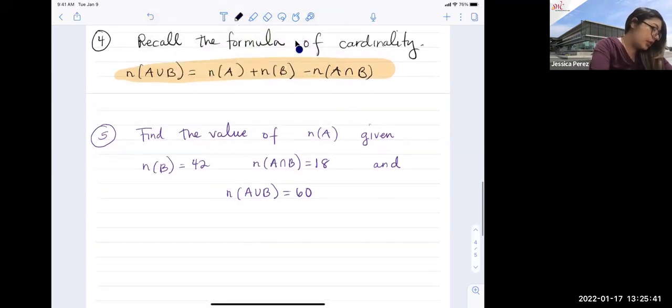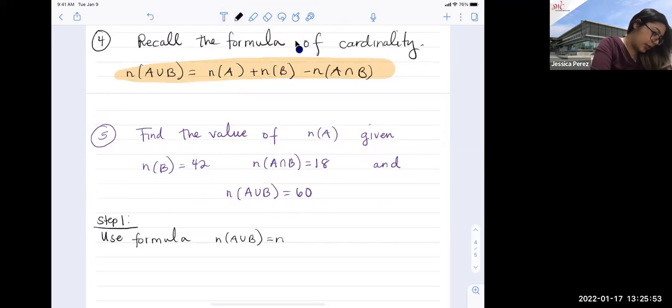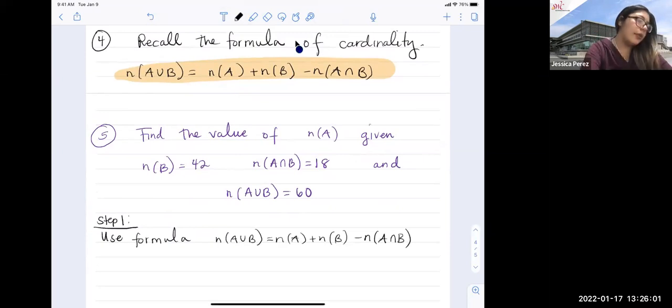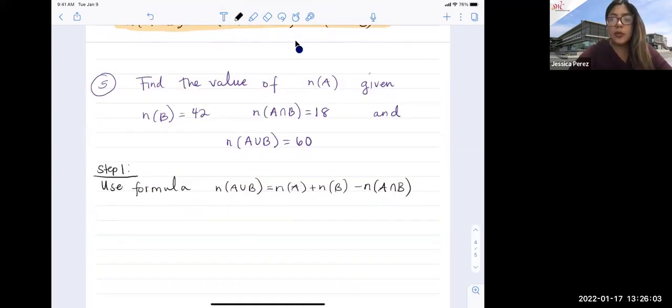So step 1, we're going to use the formula that we have, n of A union B is equal to n of A plus n of B minus n of A intersect B. And we're going to plug in what we know.